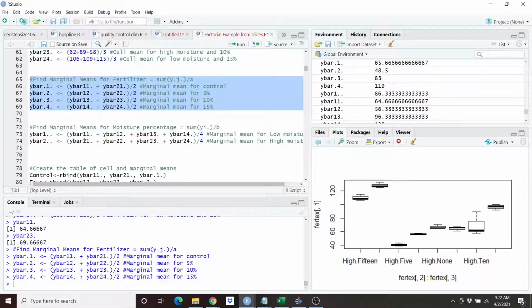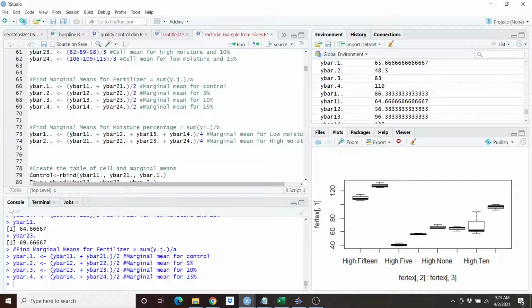And then we're going to look at marginal means for moisture percentage, and this is the sum of the cell means divided by the levels in B. And so here I have the marginal means for low moisture. And this is going to be the sum of my cell means in low. I'm going to condition on low, and I'm going to add up across my fertilizer cell means.